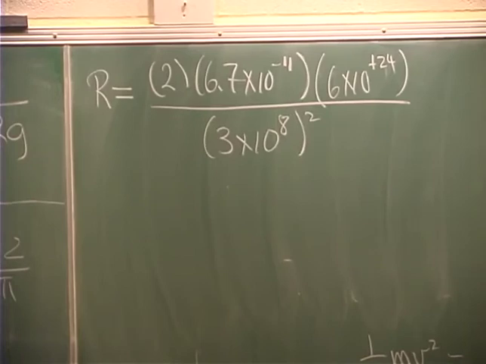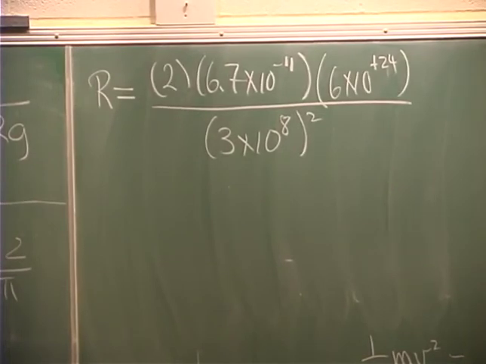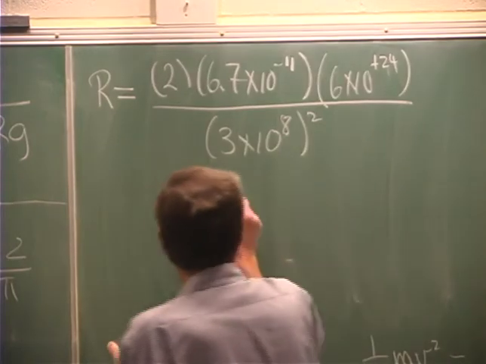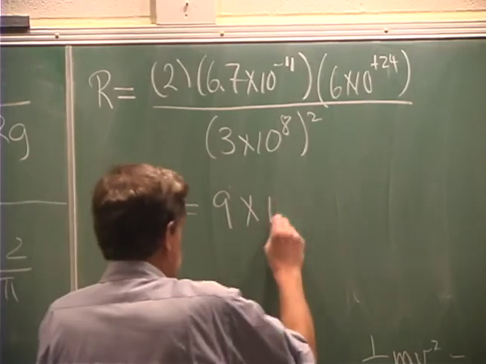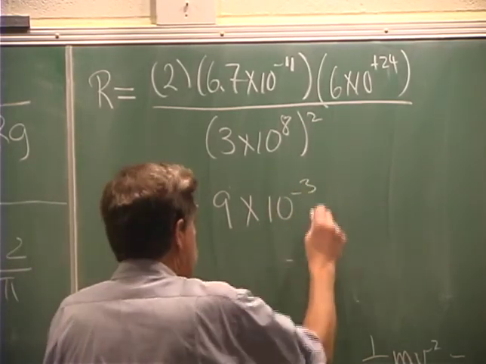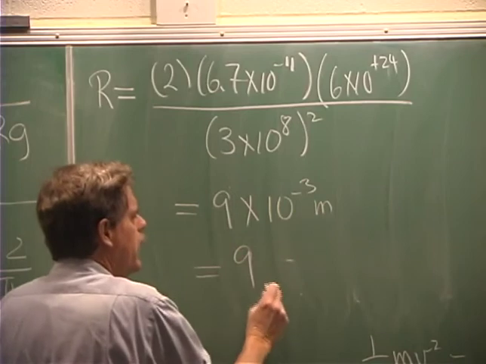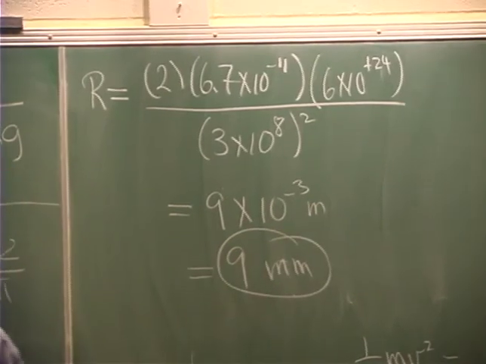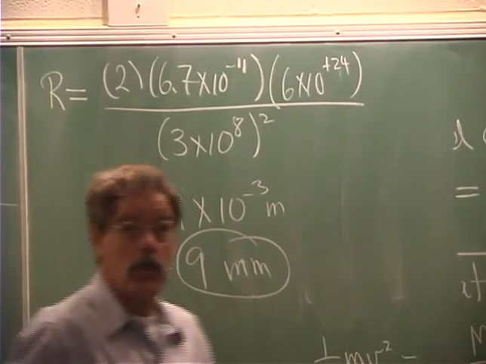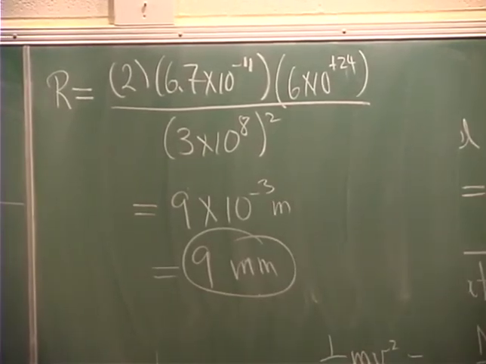Okay, 2 times 6.7 times 10 to the minus 11 times 6 times 10 to the 24th divided by 9 times 10 to the 16th equals, actually, 8.933 times 10 to the minus 3rd meters, which is 9 millimeters.